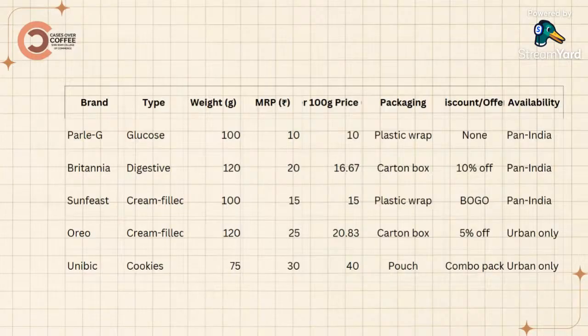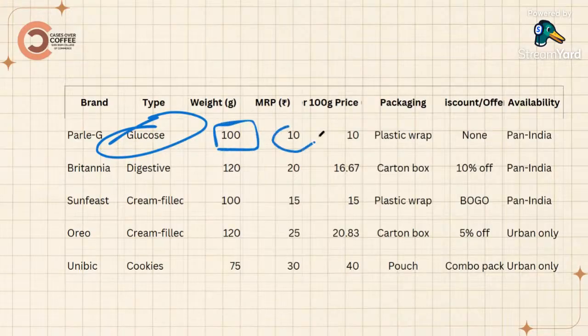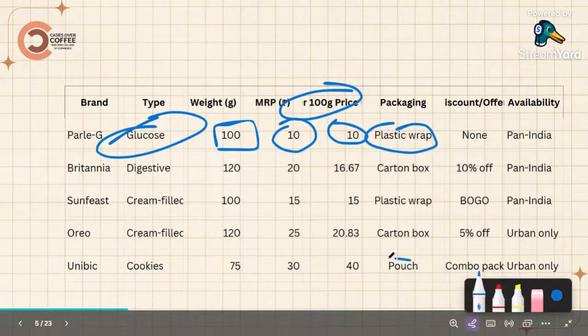I've just explained this again with a real life example, that different brands offer different types of biscuits, with different weights and different prices, because of, let's say, the plastic wraps and the pouch, or the different discounts which they take into consideration.